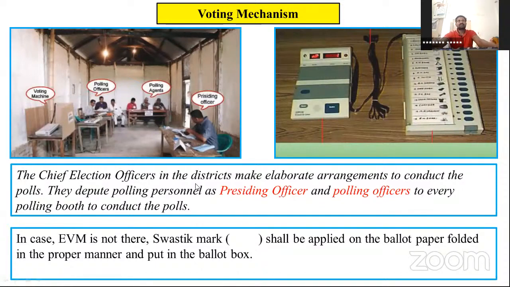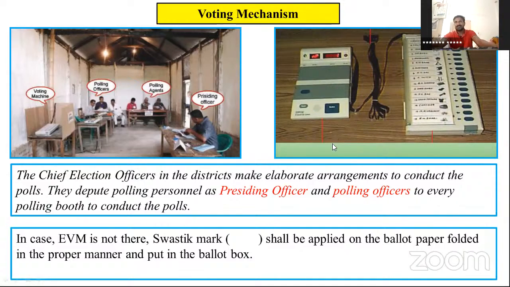The chief election officers in the districts make elaborate arrangements to conduct the polls. They depute polling personnel as presiding officer and polling officer to every polling booth to conduct the polls. This is one polling station. We have discussed the returning officer, the officer of one constituency.